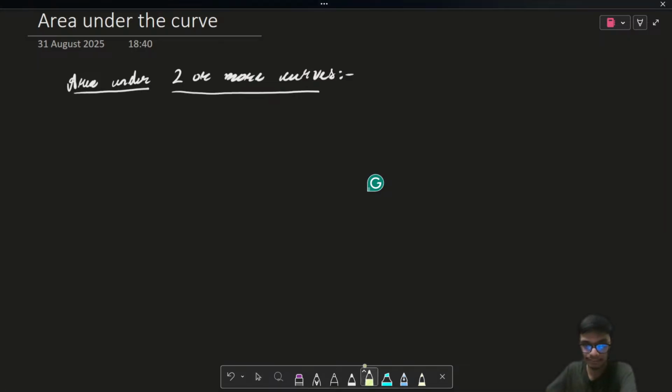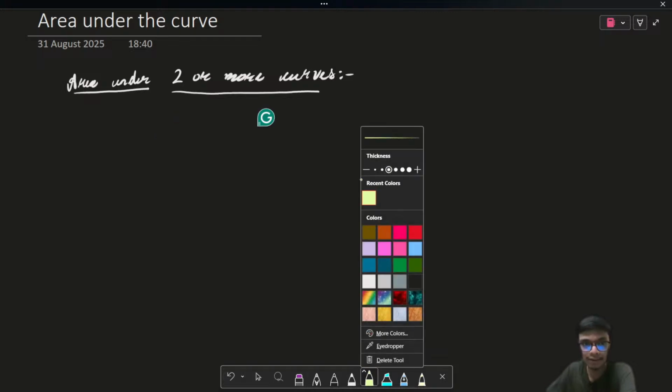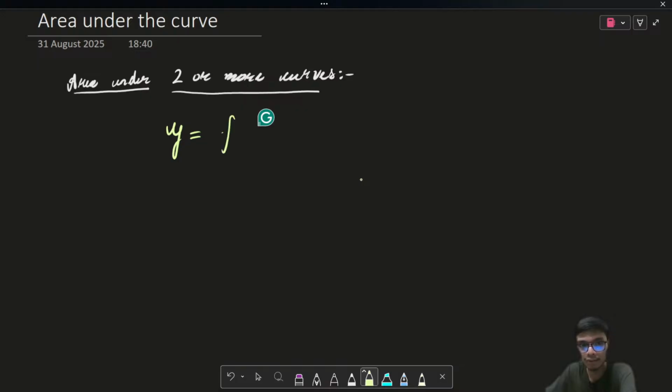So if I have two functions, let us say the first function is f of x, and the second function is g of x.